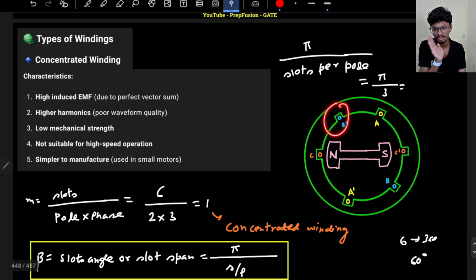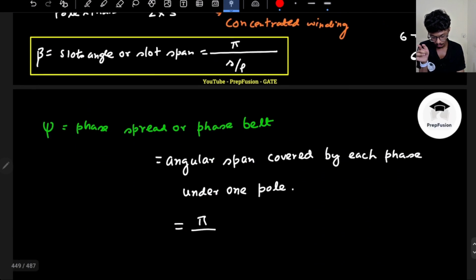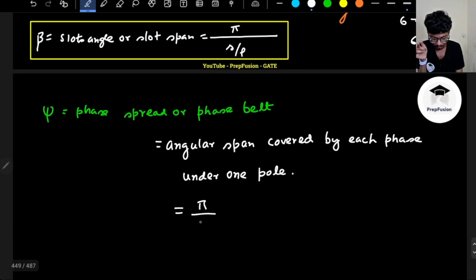Because each pole covers a total of 180, the B phase will cover 60, the A phase will cover 60, and the C phase will cover 60. So basically it is pi divided by the number of phases.